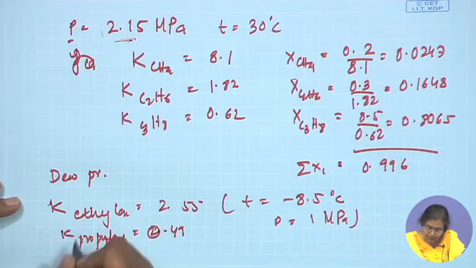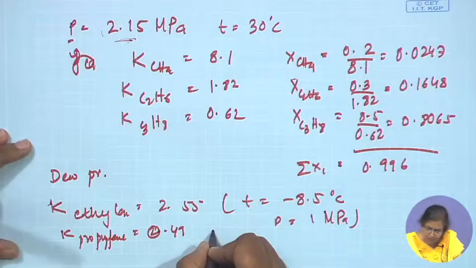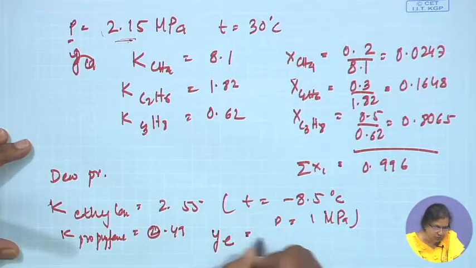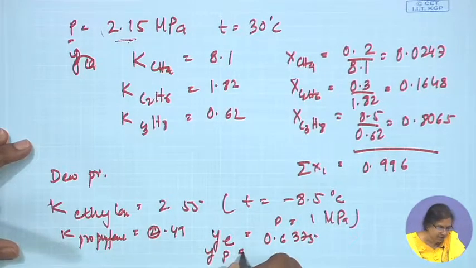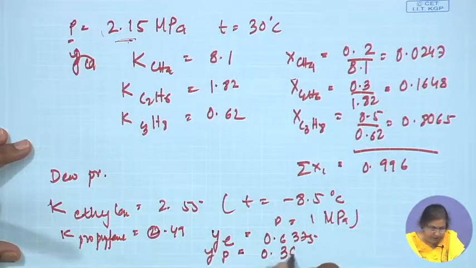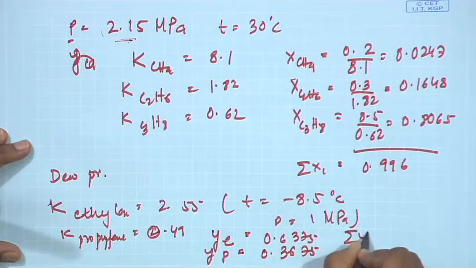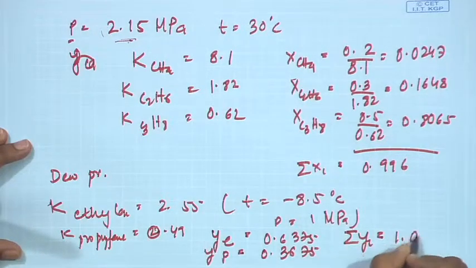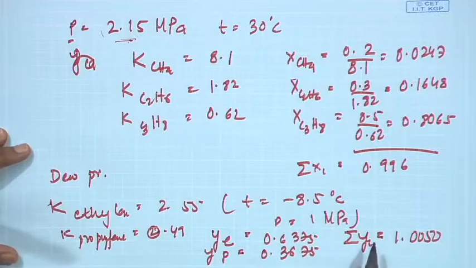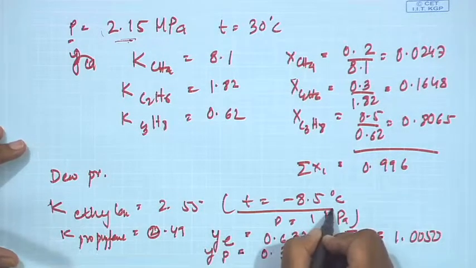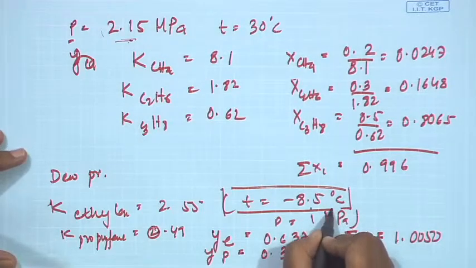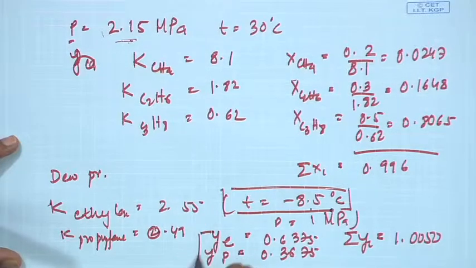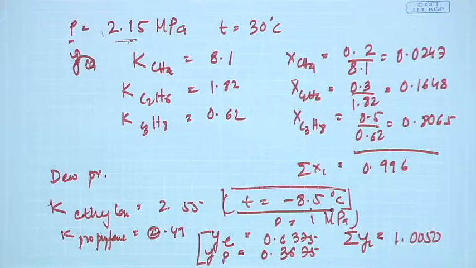So, from there you can find out your y ethylene, this is going to be 0.6375, and your y propylene is going to be about 0.3675. So, the sigma yi that you get is 1.0050. Therefore, you can say that the bubble temperature is equal to minus 8.5 degrees centigrade, and the corresponding vapor composition is given by the compositions that we have found.